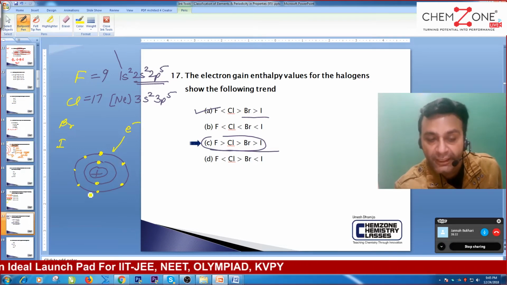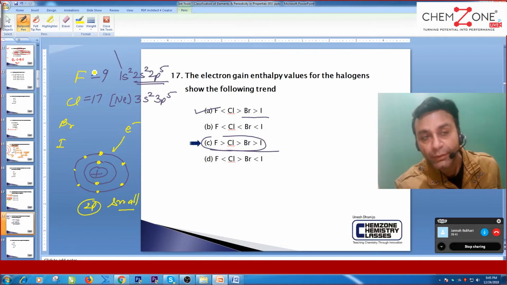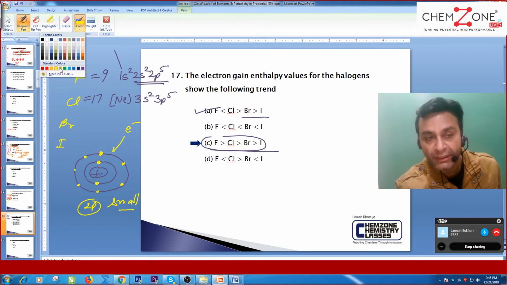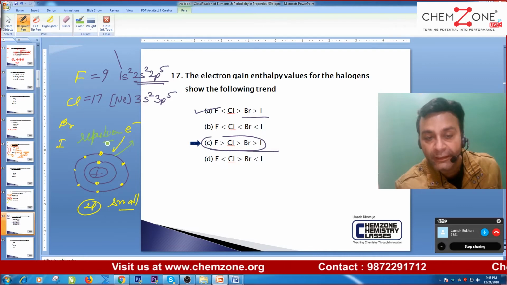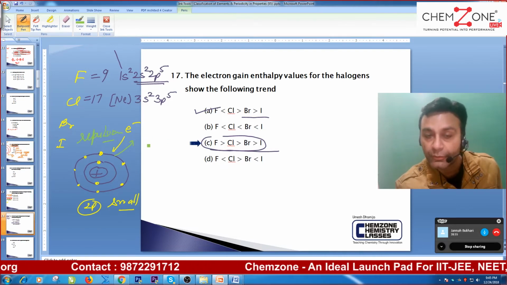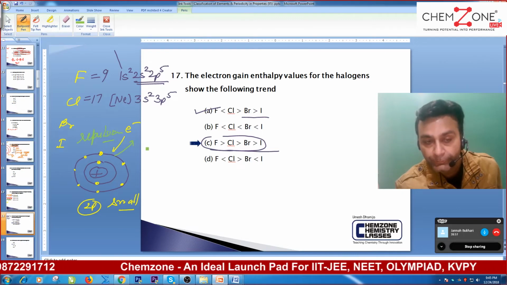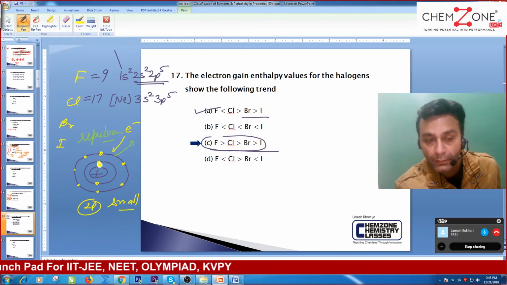But this is the second shell, and the second shell is very small. The 2p subshell is very small. As this is very small, the electrons are very congested, and that will repel the incoming electron. There is some repulsion between the already existing electrons in the second shell and the incoming electron. So then why not for the first shell, because that's even smaller and can only hold 2 electrons?